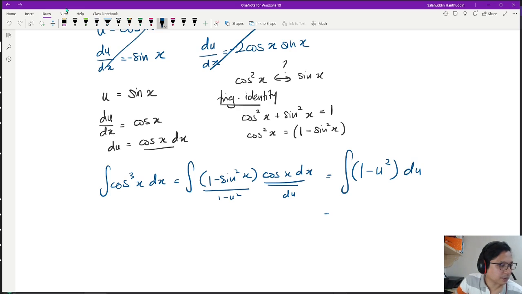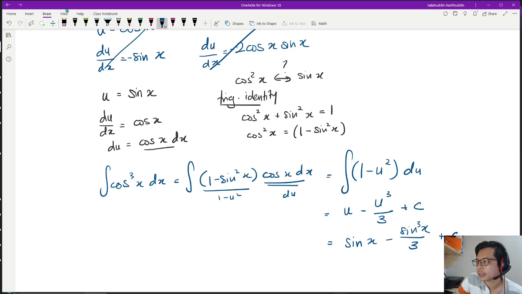Now that's easy to solve. What you'll get is u, not plus, minus u cubed over 3 plus a constant, and then you just replace u with sine x again. There you go. You will get sine x minus sine cubed x divided by 3 plus C. So it's amazing that from this you can get this.